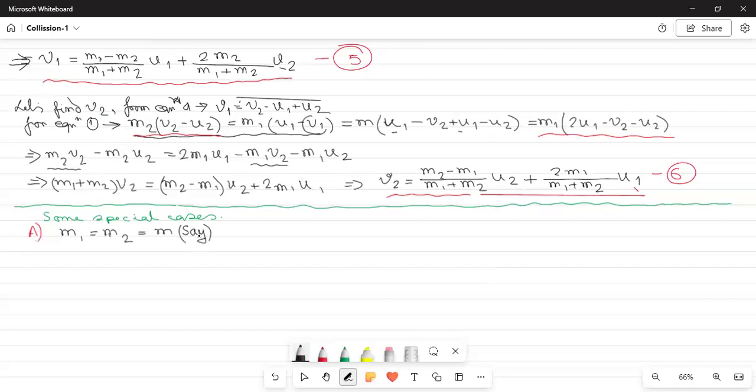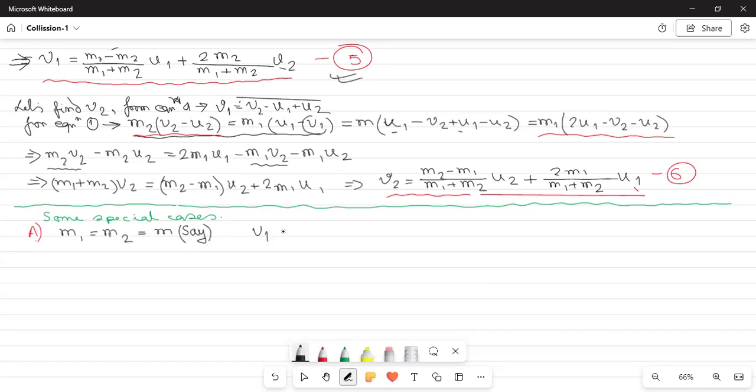Let us find out what is the initial velocity and final velocity in that case. If this is so, then for v1, from equation 5, this first part, m1 minus m2 is 0.